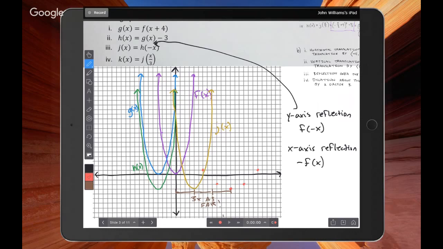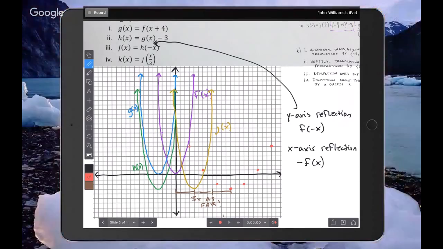Now it's going to go over 9, up 9. 2, 3, 4, 5, 6, 7, 8, 9. Cool. So there's our new dilated function, k of x. Solid.